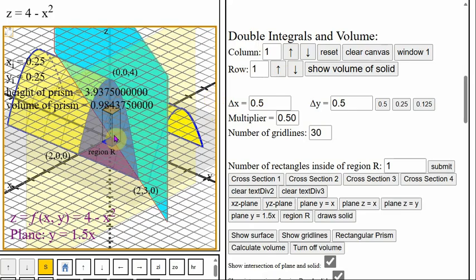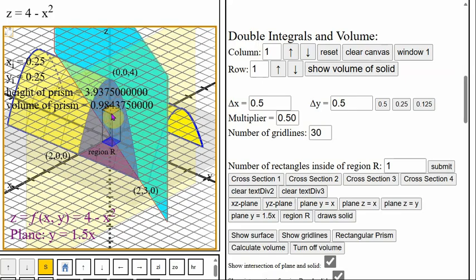And so here's the rectangular prism corresponding to this first rectangle right here. To calculate the height, I chose the point right in the middle of the rectangle down here. So this is 0.5, this is 0.5. So I just picked this point right here in the middle, which is 0.25 for x and 0.25 for y.